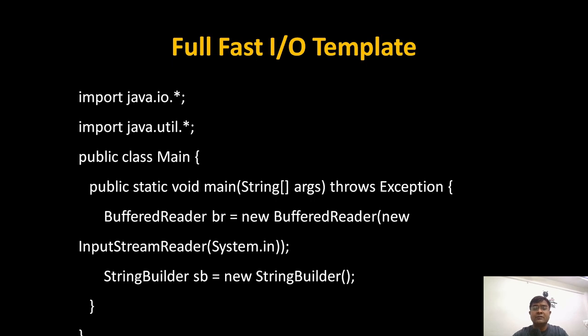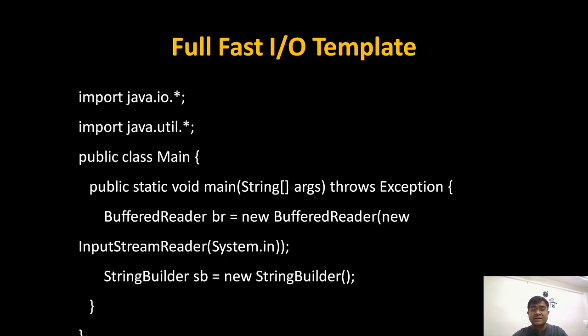Now this is one of the standard templates you might experience in top coding interviews or top coding sites. Let me tell you the structure of this fast IO template. It's used in contests like CodeChef, LeetCode, where the input size is large.